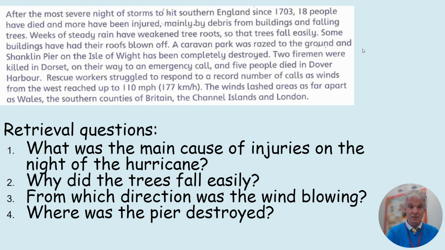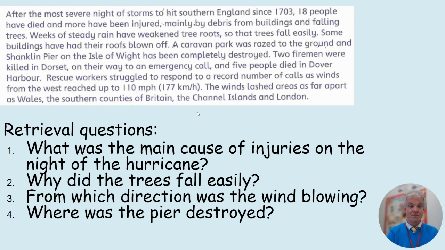Can you see my cursor scanning here? Oh, hang on. The eye has been drawn down here. See that? There's a west. Let's see if that is the right one. Go back to the beginning of the sentence. Rescue workers struggled to respond to a record number of calls as winds from the west reached up to 110 miles per hour. Which direction was the wind blowing? From the west. There you go.